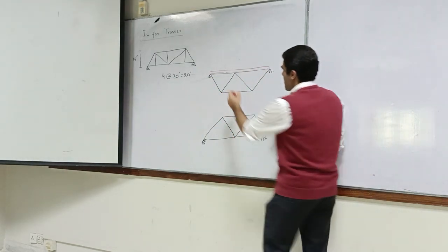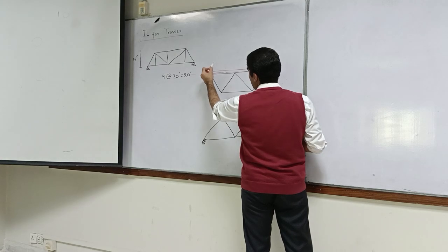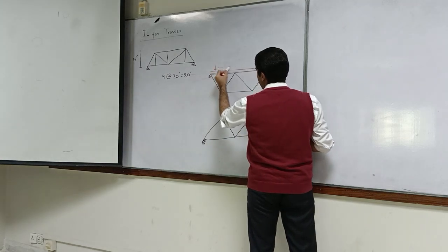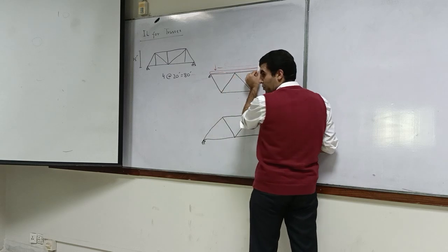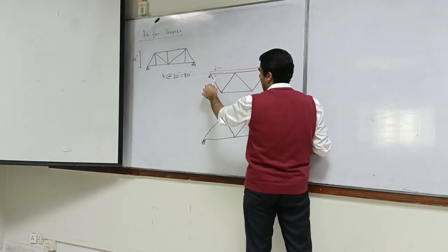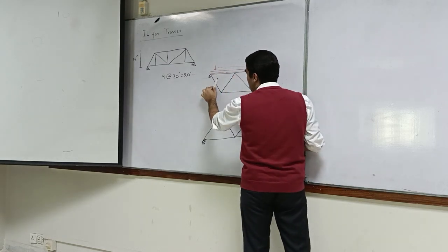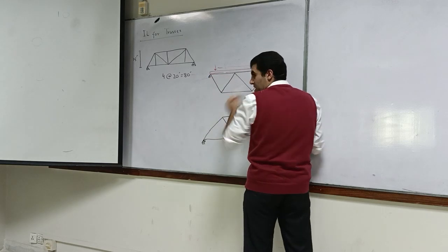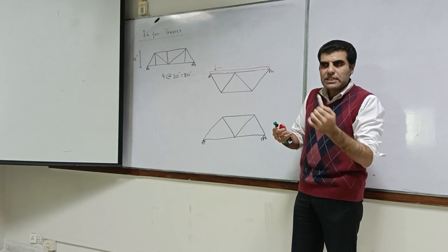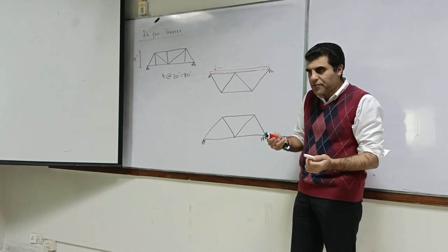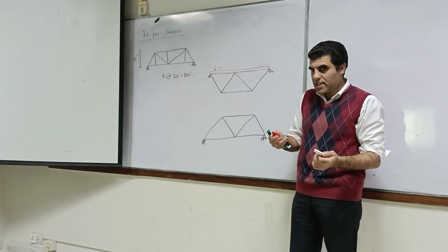In this case, you have got the moving load, which is going like this, and obviously as this load moves through the bridge, you can have loads developing in all these members, isn't it? And with the movement, the loads are going to be different. Do you understand my point?